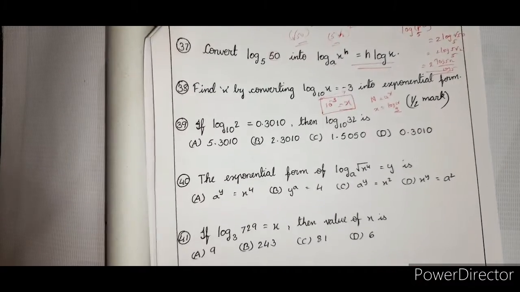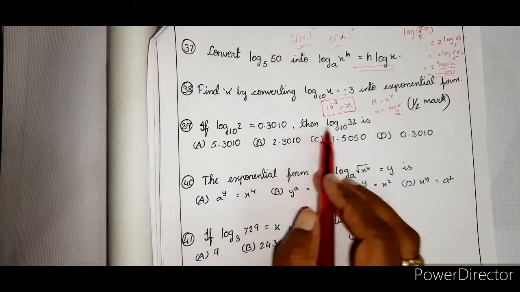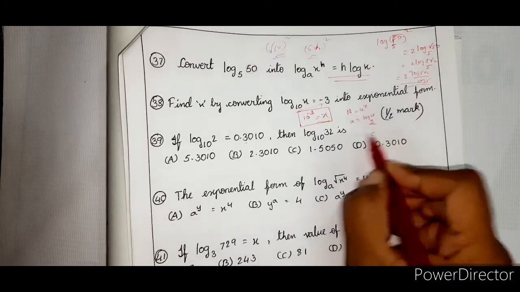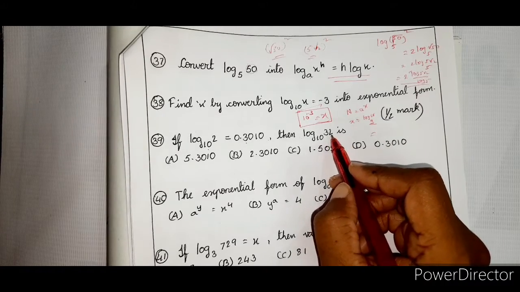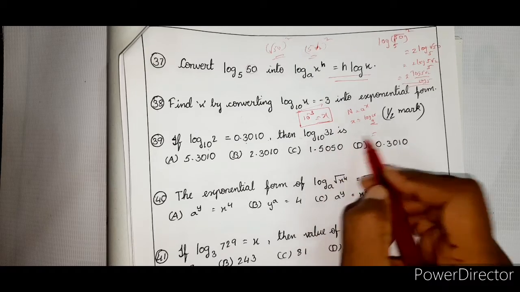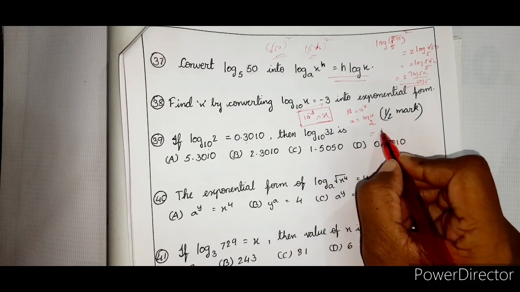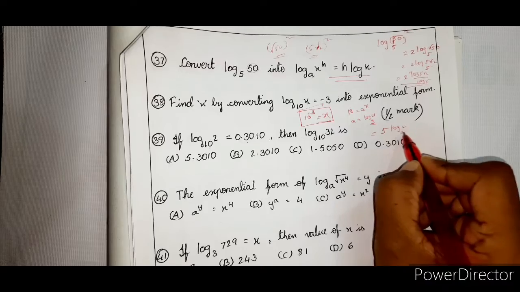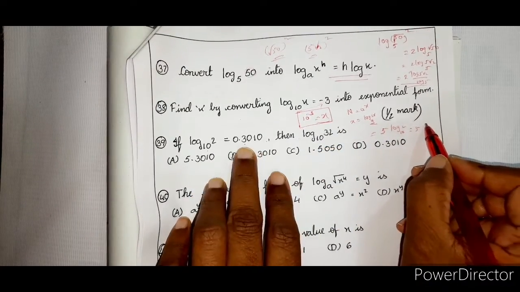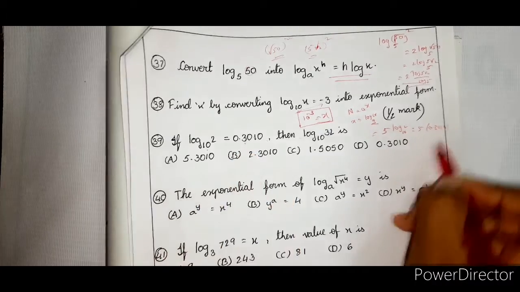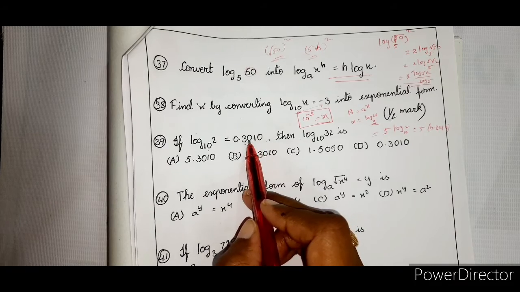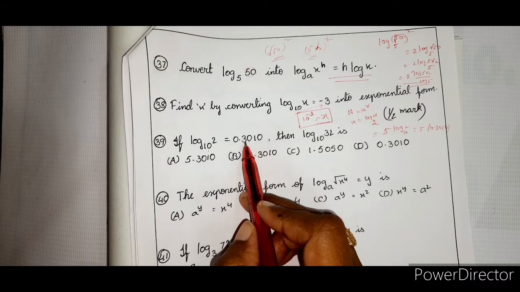Now the next one: log 2 base 10 is this, log 32 base 10 is how much? Raise it to the powers. 2 power 5 is 32. So 5 log 2 base 10, so 5 times this one, 0.3010. 5 zeros are 0, 5 ones are 5, 5 threes are 15.